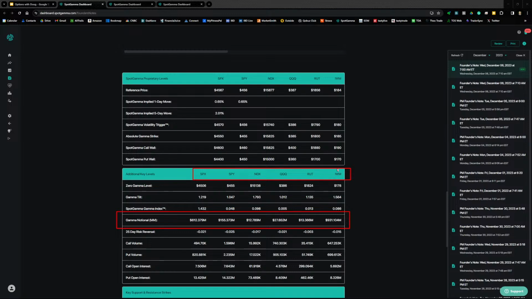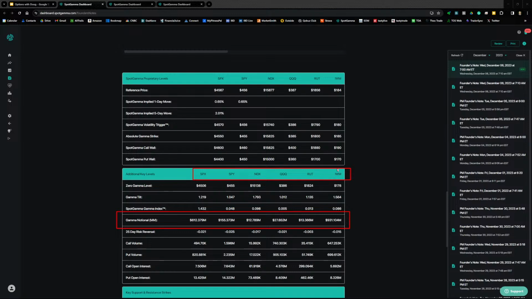SPX gamma notional up a little bit from yesterday, and for SPY down a little bit. So at 155, gamma notional for SPY is pretty much neutral. And then for NASDAQ, both the numbers shifted higher, but still pretty close to neutral. And then for the Russell 2000, the numbers shifted slightly lower, but still positive.